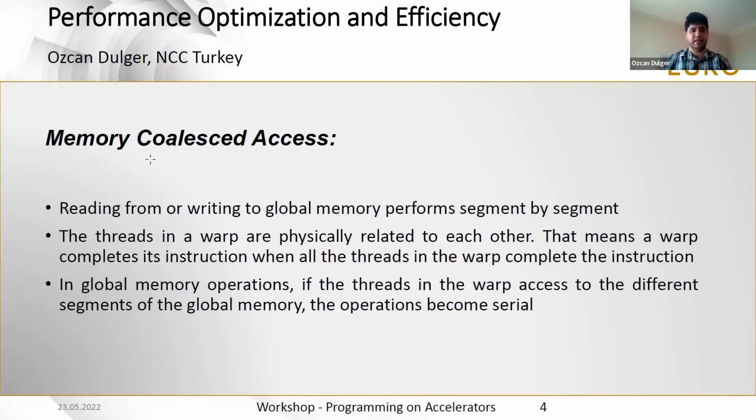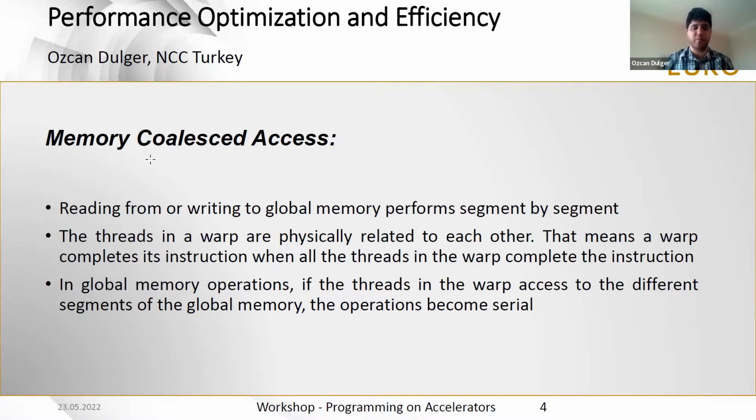Reading from or writing to global memory on CUDA is performed segment by segment, and the threads in a warp are physically related to each other. We know that 32 threads reside in a warp. Physically related means a warp completes its instruction when all the threads in the warp complete that instruction.